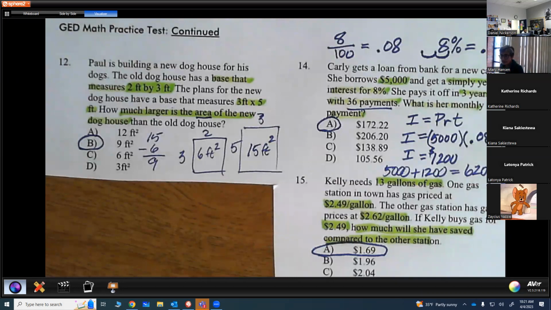Difference by dividing the $2.49 by the $2.62. I got a 13-cent difference. Okay, that's 13. Very nice. That would be another way to do the problem.